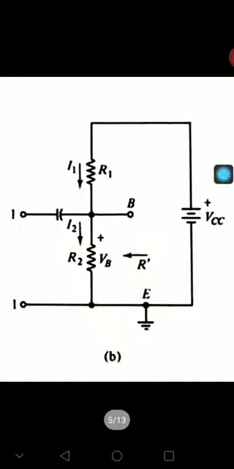Keeping in mind these two approximations, we are now discussing the input loop. First of all, we take the base to emitter junction open and term it VOC, voltage open circuit, meaning VBE open.